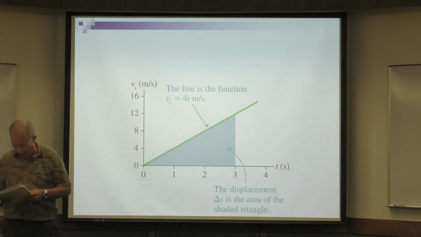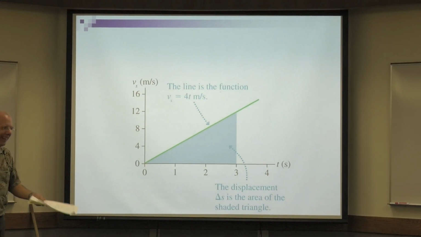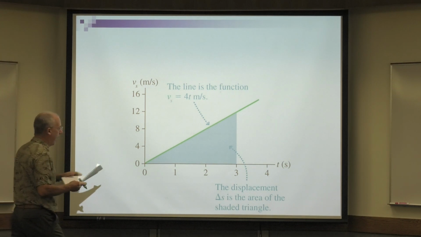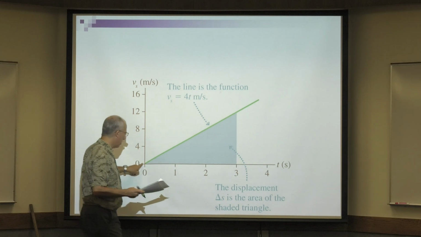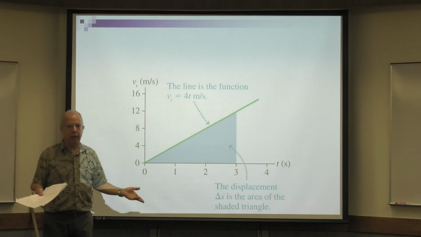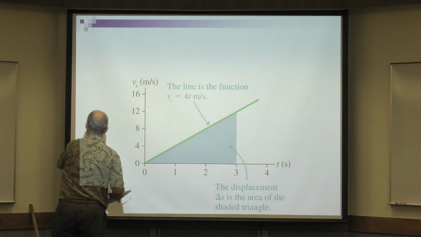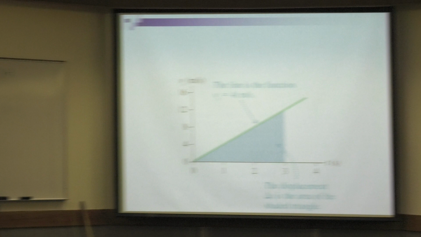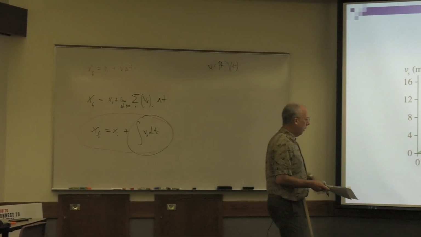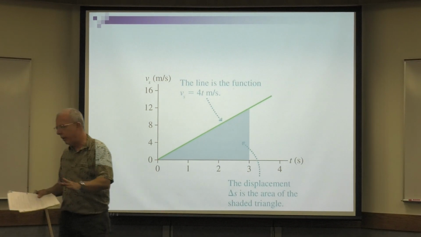But since we're not in class, I'd like you to do both. First, calculate the area under this curve, half base times height for a triangle. Then put in the velocity 4t and integrate that from time equals 0 to time equals 3. So pause your video and please do that.